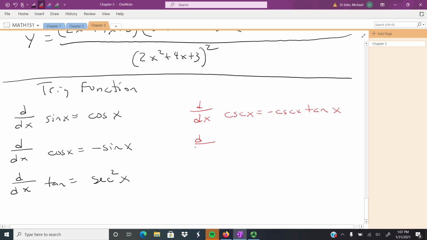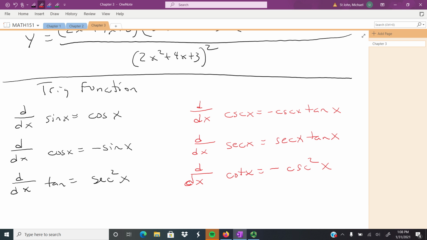The derivative of secant is going to be secant x tan x. And then the derivative of cotangent is going to be minus cosecant squared x. And so those are the trig functions, right?